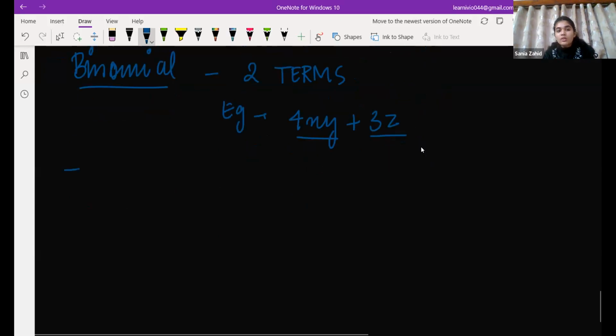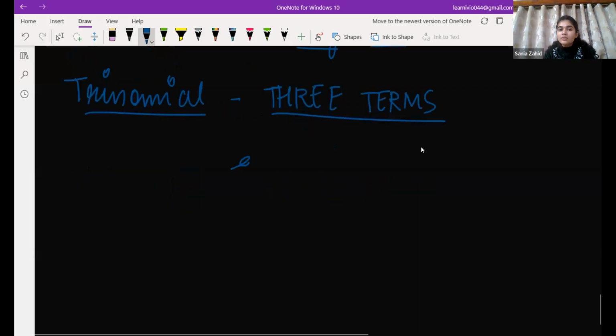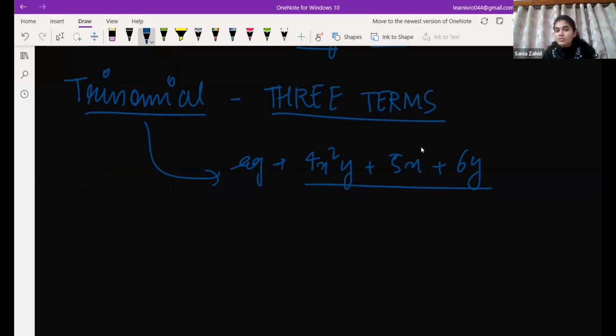Now I come to trinomial. A trinomial should have three terms. Very good. For example, I say 4x square y plus 5x plus 6y. This is an example of a trinomial expression. Understood?